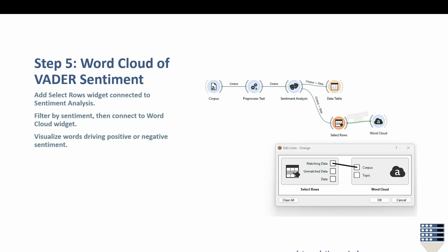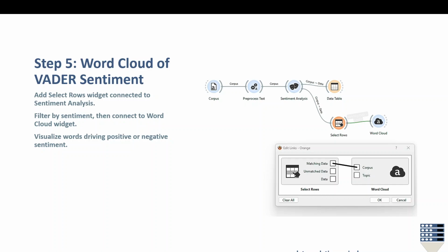A word cloud, again, is covered in lab 4. A word cloud is essentially a frequency of the tokens, literally that's what it is. So a word cloud of the sentiment will filter a positive sentiment review and show you a word cloud of those words. I'll show you this in Orange. But yeah, that's kind of cool.